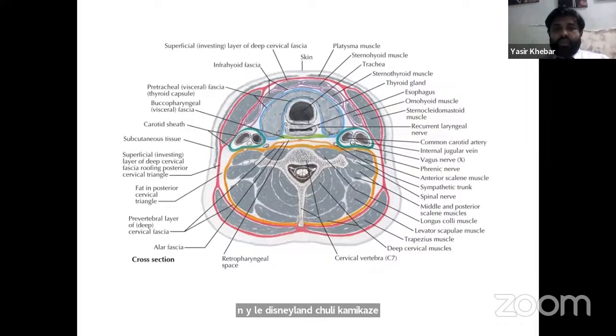So this green structure is communicating with various structures. On the medial aspect, it is blending with the pretracheal layer of the deep cervical fascia. On the posterior aspect, it is blending with the prevertebral layer of the deep cervical fascia. On the anterolateral aspect, it is blending with the investing layer of the deep cervical fascia.